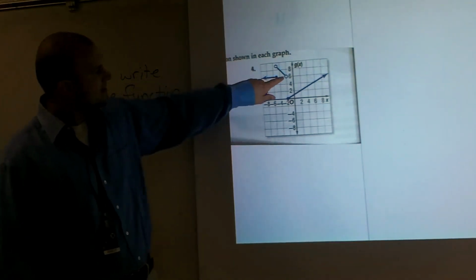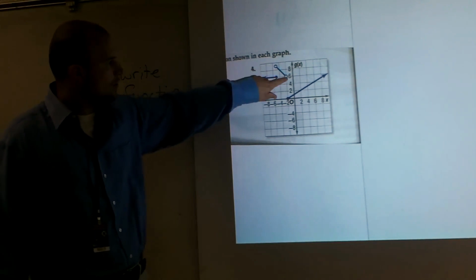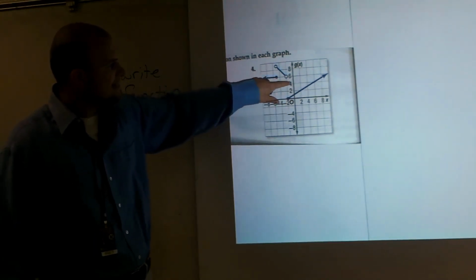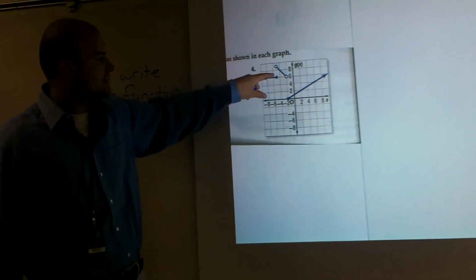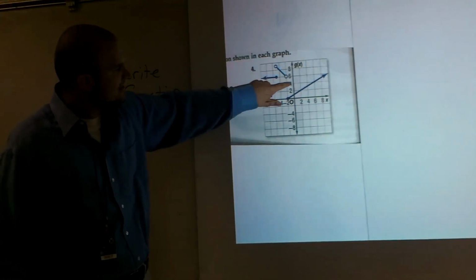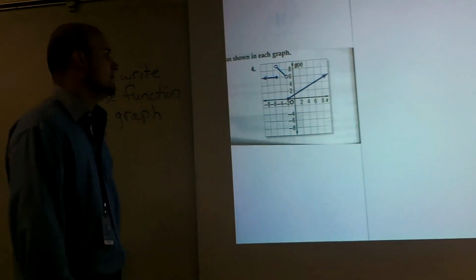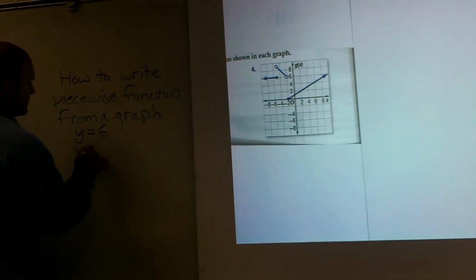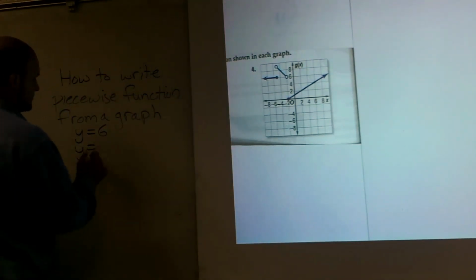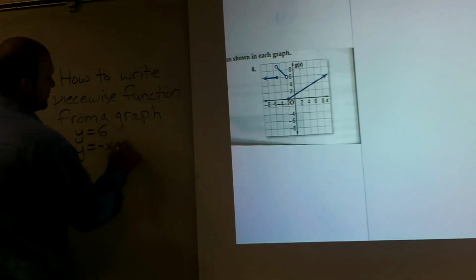Then I look at the next one. If I pretend this graph had no constraints, I could continue this infinitely to infinity and negative infinity for the domain and the range. And I notice that this would cross at 4. And it also has a slope of down 1 over 1. So therefore, I'd get y equals negative x plus 4.